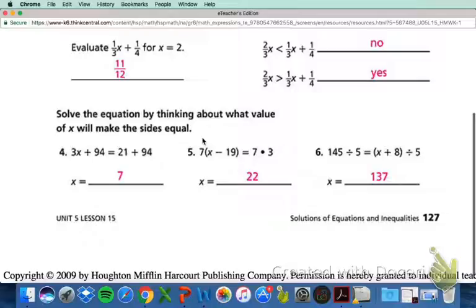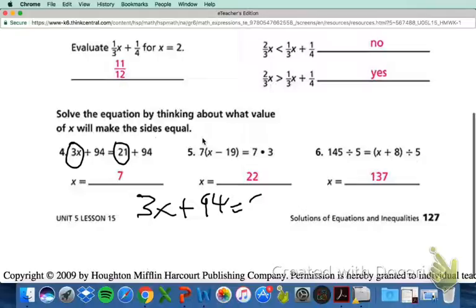Solve the equation by thinking about what variable x will make the sides equal. So you have 3x plus 94. They've done you a big kindness here by figuring out this is 3. So all you have to do is make 3x equal to 21. There's a number of ways that we could have gone about that, but that's the most straightforward. The other thing that we could have done is said 3x plus 94 is equal to 21 plus 94. 21 and 94 is 115.